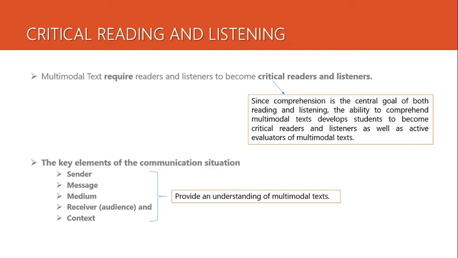This includes the communication cycle, which are the sender, message, medium, receiver, or the audience, and the context. Because these key elements provide an understanding of those multimodal texts. Hence, or we can say therefore, that this knowledge should be expanded in order to accommodate and include in your understanding the messages multimodal text provides.